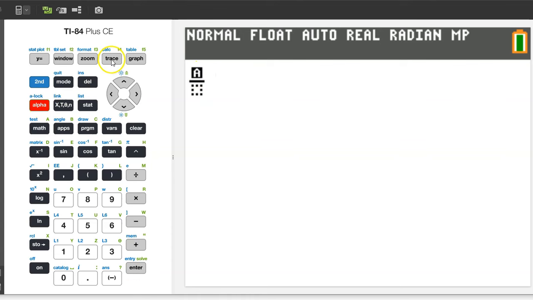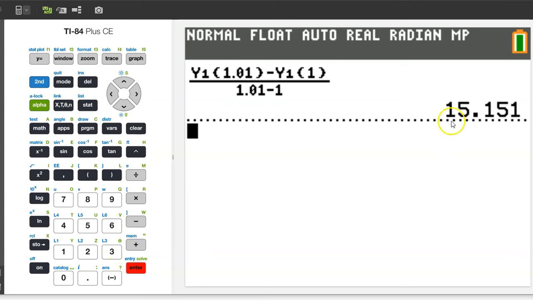So that'll be alpha trace enter at 1.01 minus y1 at 1. So alpha trace enter at 1 divided by 1.01 minus 1. So the average rate of change on this interval is 15.151.